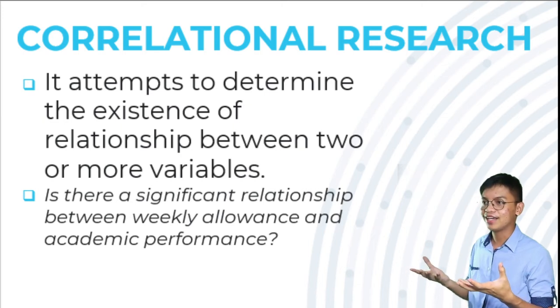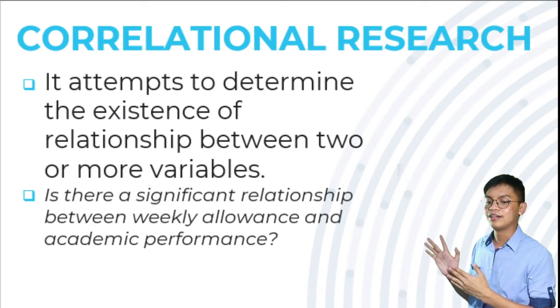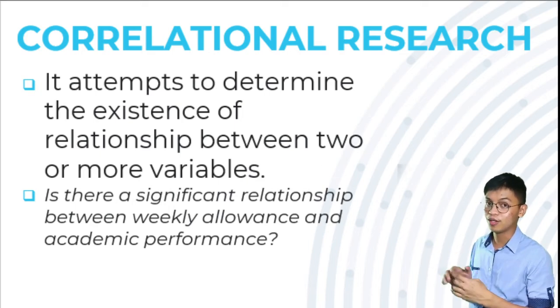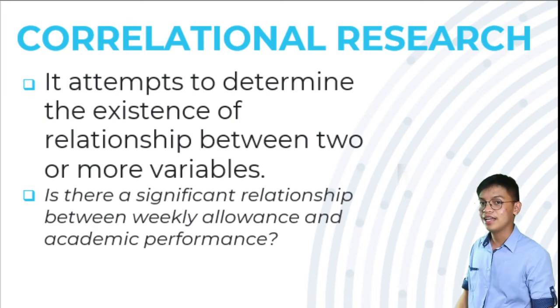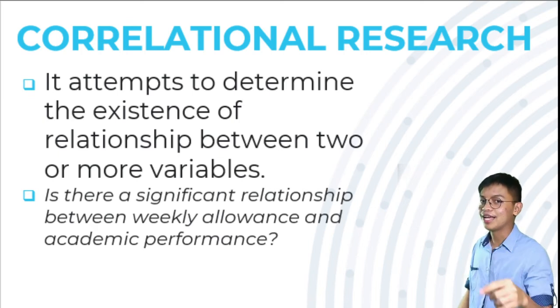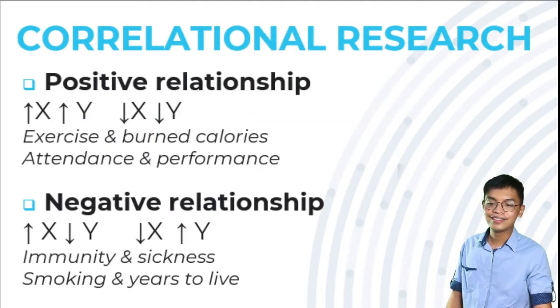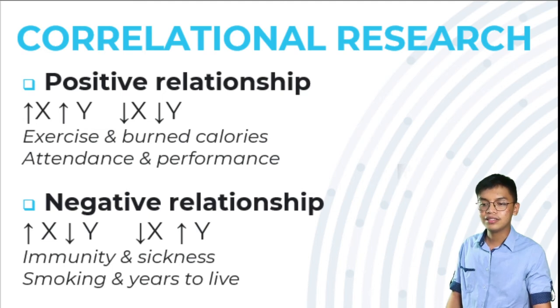Does it follow like that? If you want to study that, correlational research is the most appropriate design for you. But of course, if you want to study that, it should not be this year since you do not have your weekly allowance.